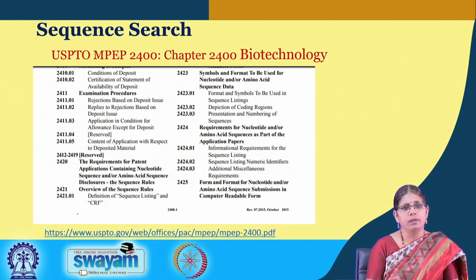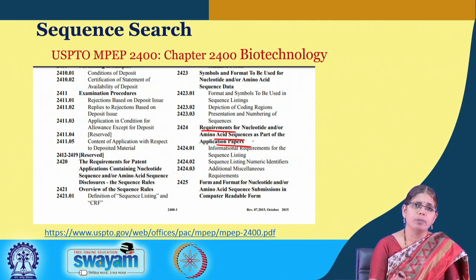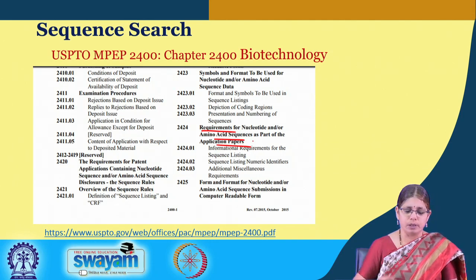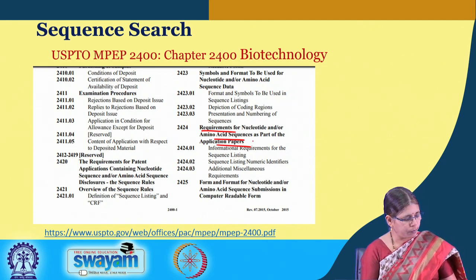This is another aspect of MPEP 2400, with the requirements for the representation of amino acid sequences or nucleotide sequences. If they are submitted in this particular form, the sequence listing is available.